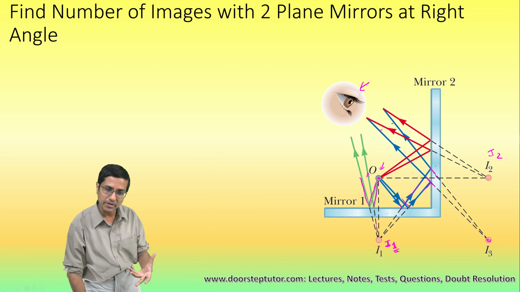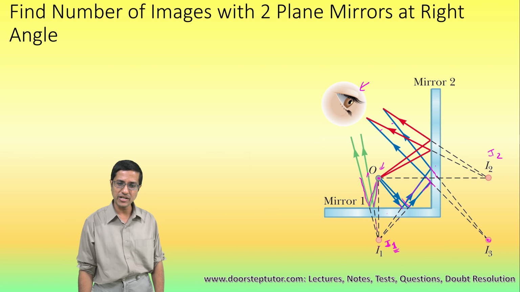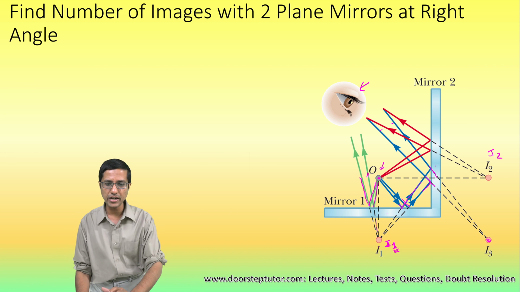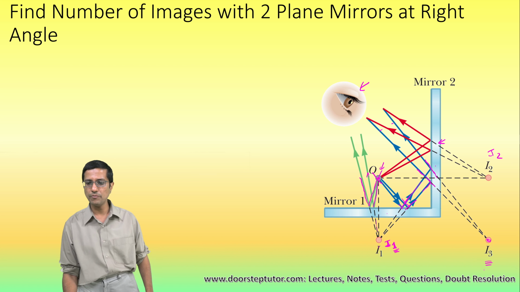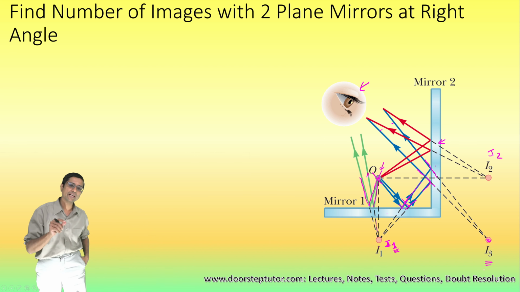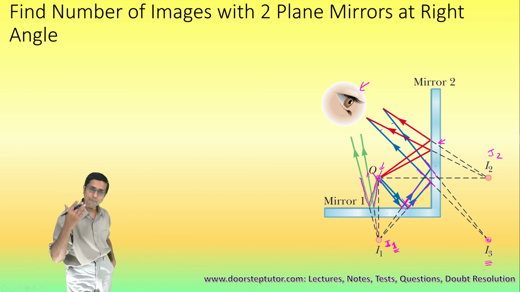Because this image I1 has become an object, there are rays emanating from it. Forget about the original object O completely. The rays emanating from this image I1 in turn strike mirror 2, and they result in this image I3 formed right here. That is the more interesting way when we are given complicated arrangements.